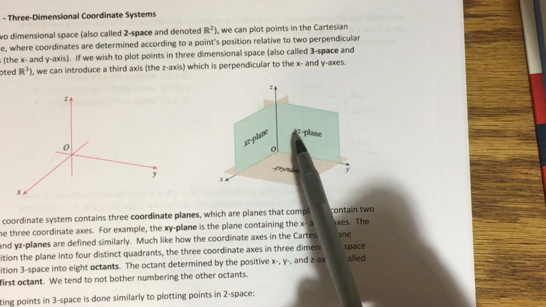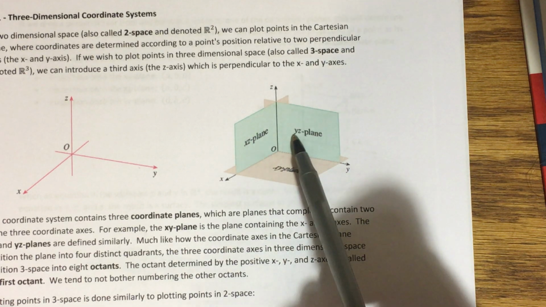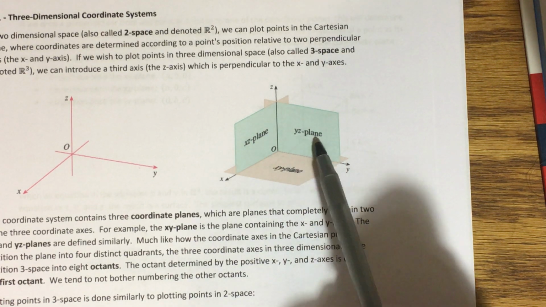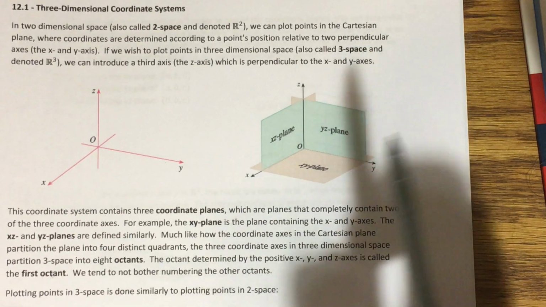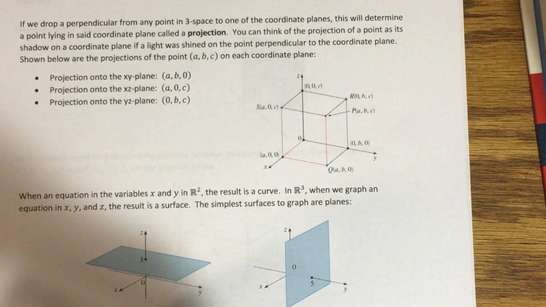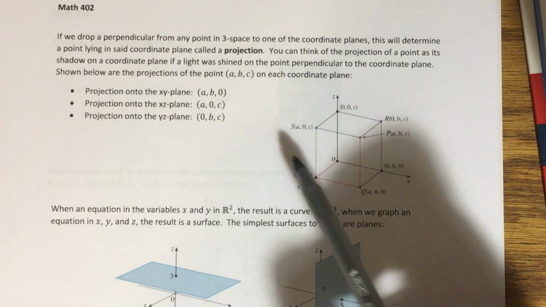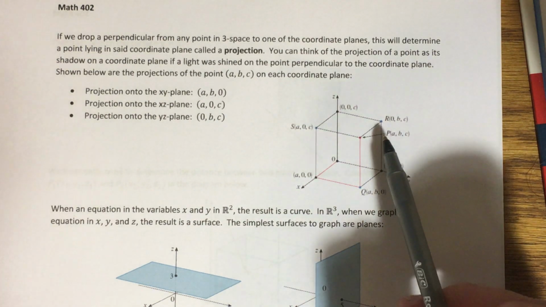Whichever variable is missing from the name of the plane, that's the coordinate that's going to be equal to 0. So that idea is key in understanding how to find projections of points.